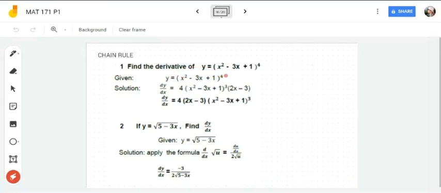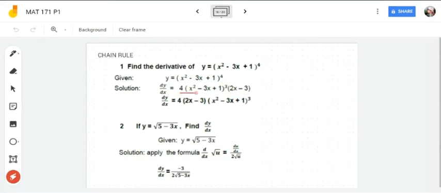Next, we are not yet through because you still have the derivative of the inside. So getting the derivative of your inside equation, that will become 2x minus, power rule, 3x plus 0. So that is 2x minus 3. So your du is equal to 2x minus 3.